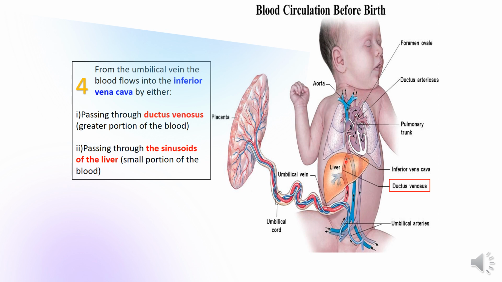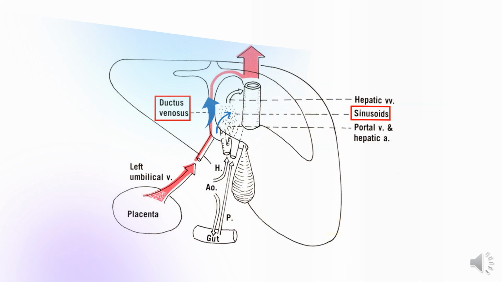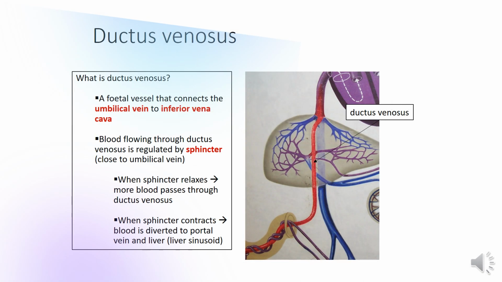Ductus venosus. What is ductus venosus? Ductus venosus is a fetal vessel that connects the umbilical vein to the inferior vena cava. The blood flowing through the ductus venosus is regulated by a sphincter, which is located at the umbilical vein.